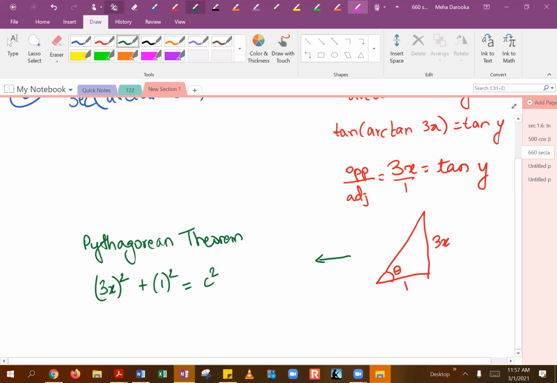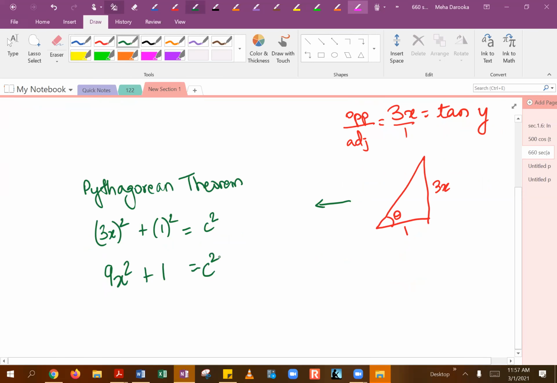So 3x squared, when you multiply 3x times 3x, will give you 9x squared. 1 squared is just 1. To get c by itself, of course, you would end up taking a square root on both sides. Plus or minus, there we go, square root of 9x squared plus 1.